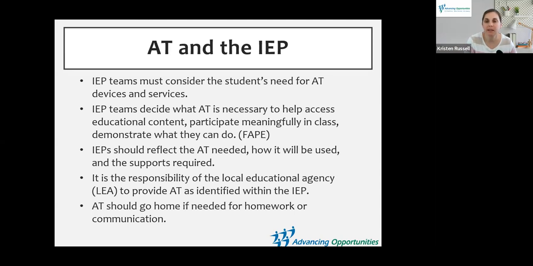It would be the district's responsibility to obtain that assistive technology if the team determines it's necessary for that student to access their education to the fullest. And assistive technology should go home with the child if it's needed for homework or communication.